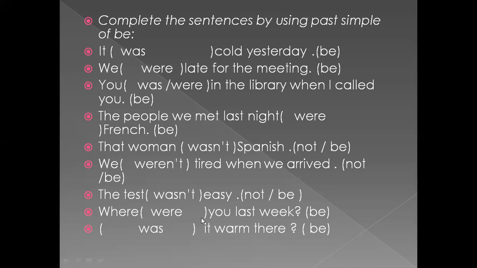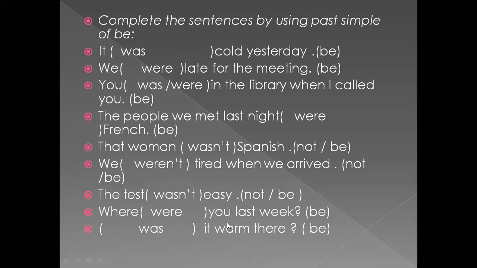Where were you last week? Here we have a question, and whenever I want to decide whether to use were or was in a question, I look at the subject, the one that I am asking about.